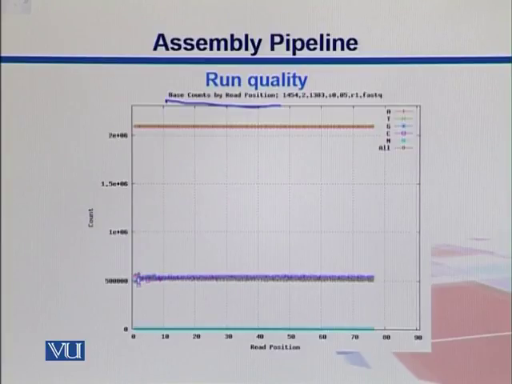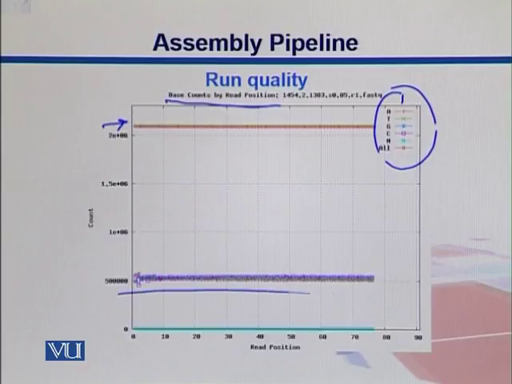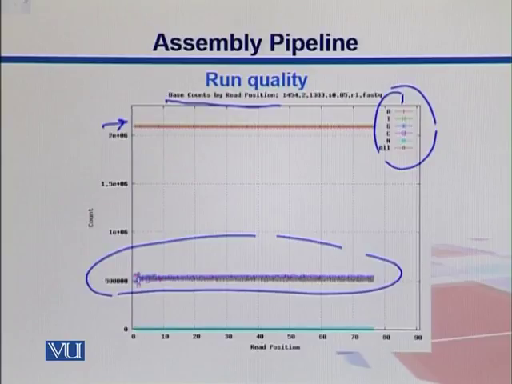The different colors represent the different nucleotides. If we place all of them together, we get this line, which is about 2e6, slightly over 2 million, for the number of bases at each position. If we look at the four colors individually, we have roughly 500,000 each.